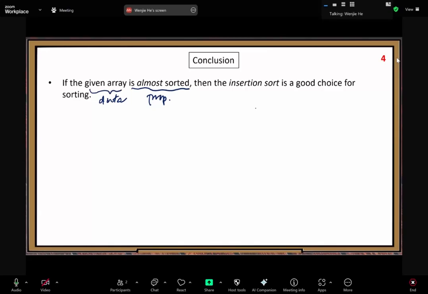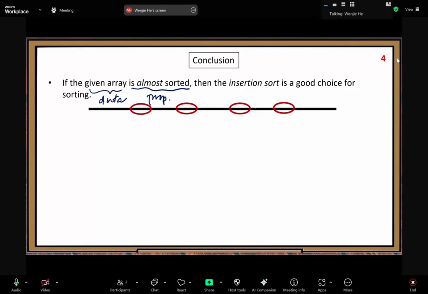Let me use a simple diagram to explain the special property for the data. Let me draw this line segment representing the whole array. But this array is almost sorted, not sorted. We use these scattered red circles to represent the parts of the elements that are not ordered.